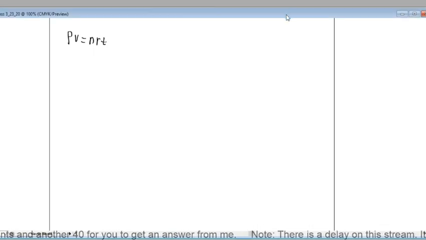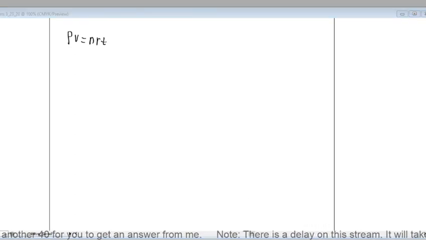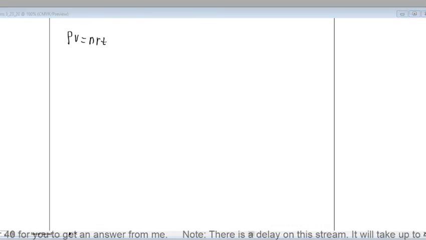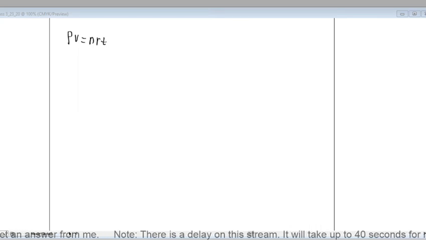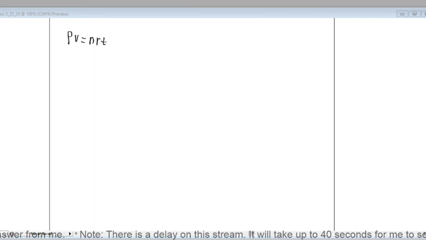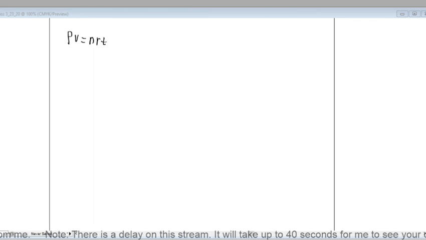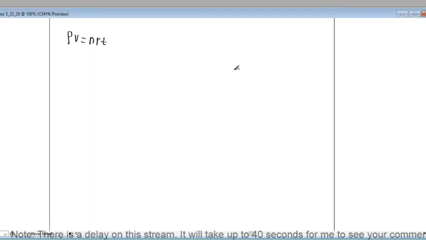Now, R is what we call the ideal gas constant. It's a constant number. And n, let's see what n is. Well, if we want to understand what n is, we probably want to rearrange this equation so it says a different thing. We want to get n by itself. So how do we do that?